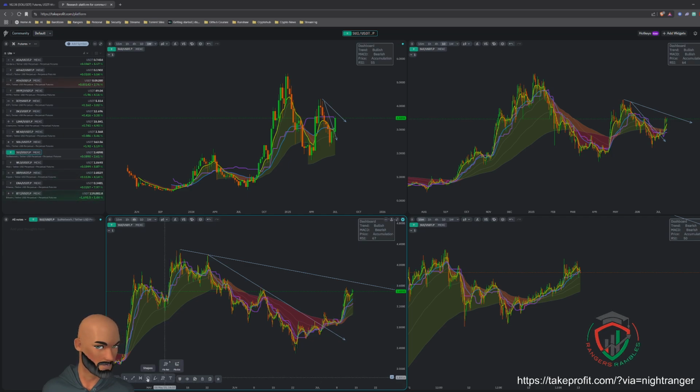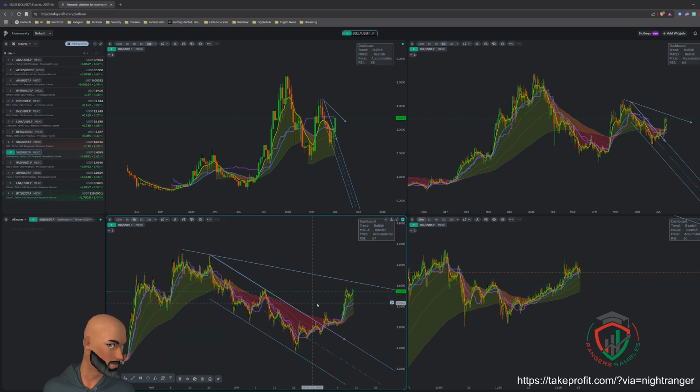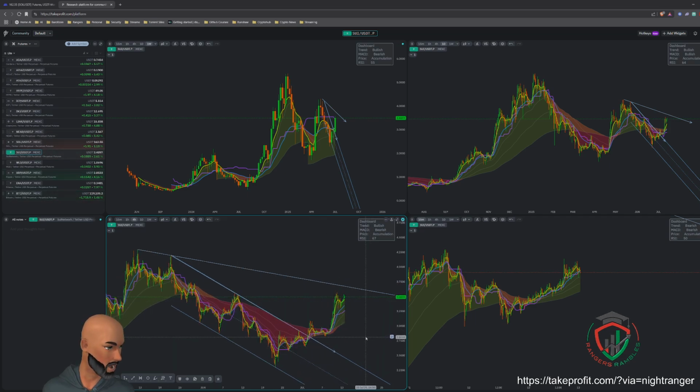Because if this respects channels well, it might be worth me starting to play Sui. I see a lot of people talk about Sui a lot. Yeah, look at that. That was clean, guys. On the 4-hour chart there, top to bottom. Yeah, and from bottom to top. Now from top to bottom to top, breakthrough. That was clean.